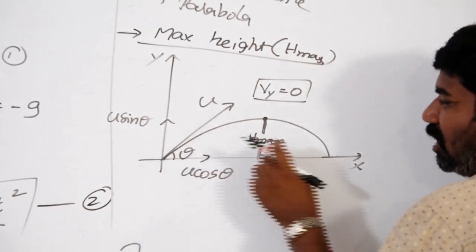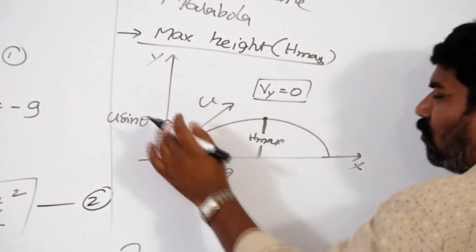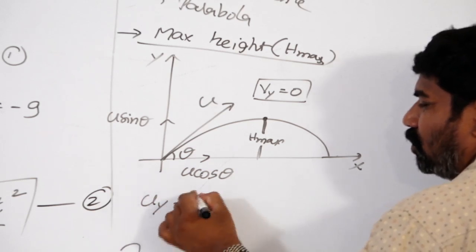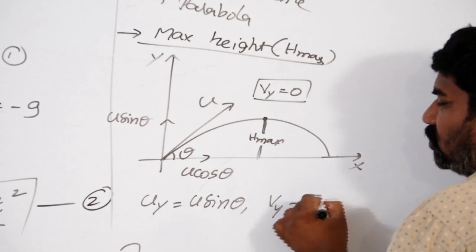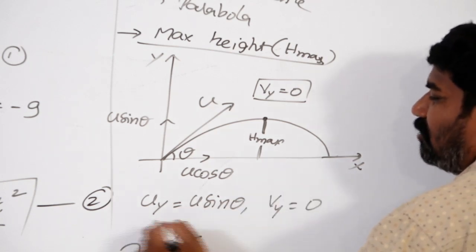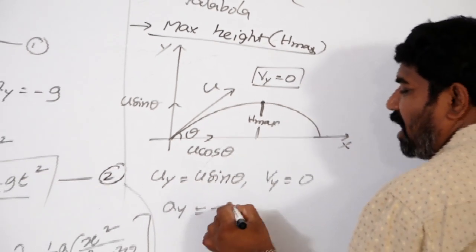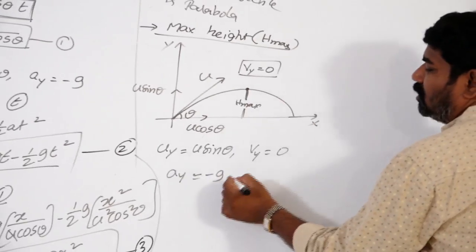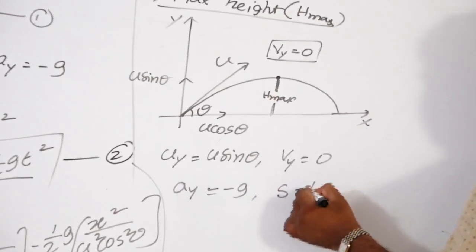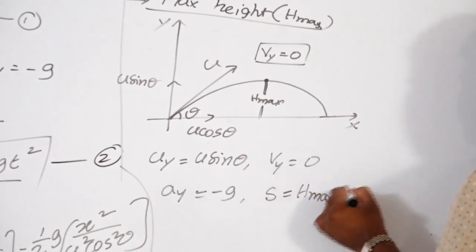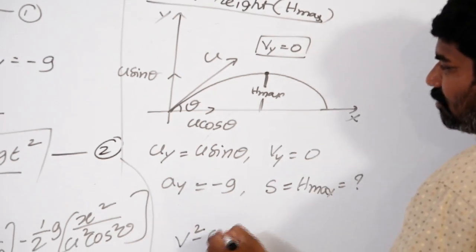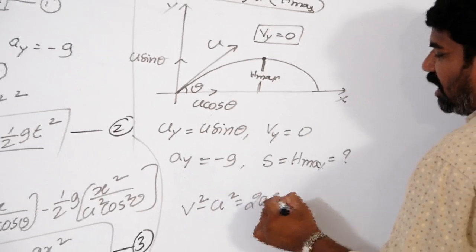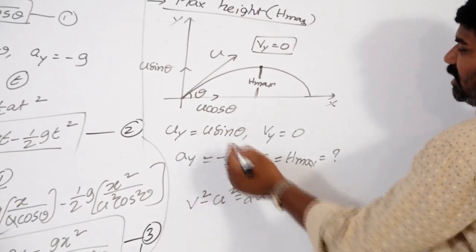So when you want to find the maximum height, we take only vertical velocities. u_y = u sin θ, v_y = 0, acceleration a_y = −g. Now we want to find the displacement, that is h max, so we use the equation v² − u² = 2as.